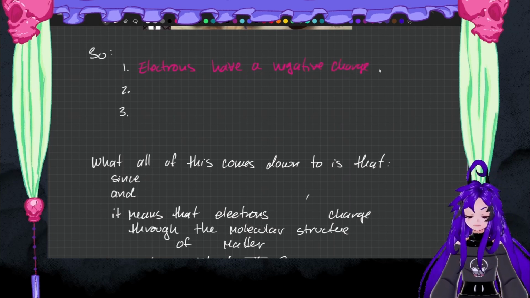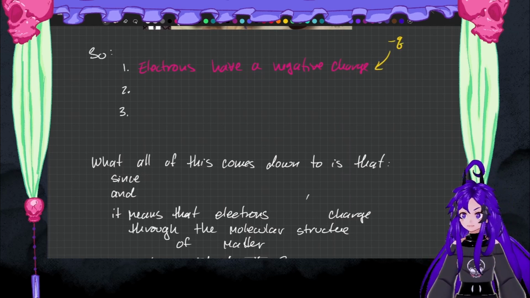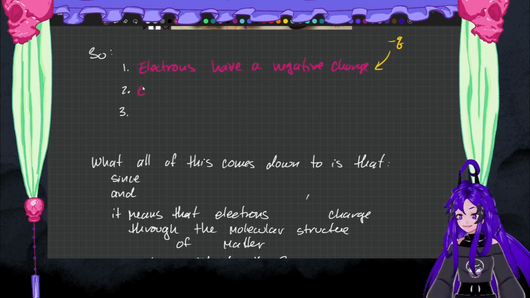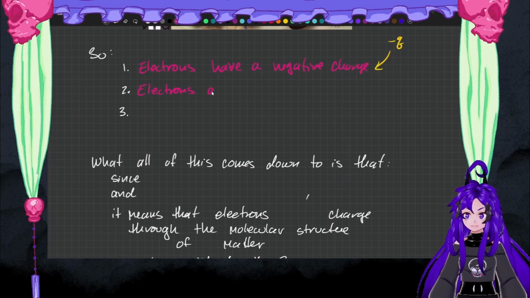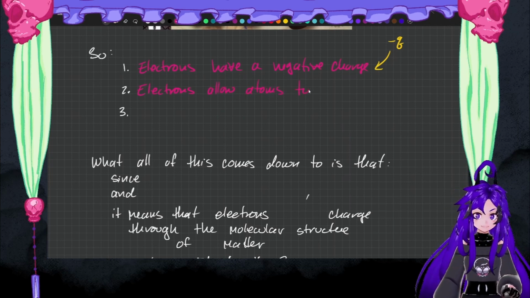And we just said that charge is minus q, just for accuracy. We also said that electrons allow atoms to bond together.